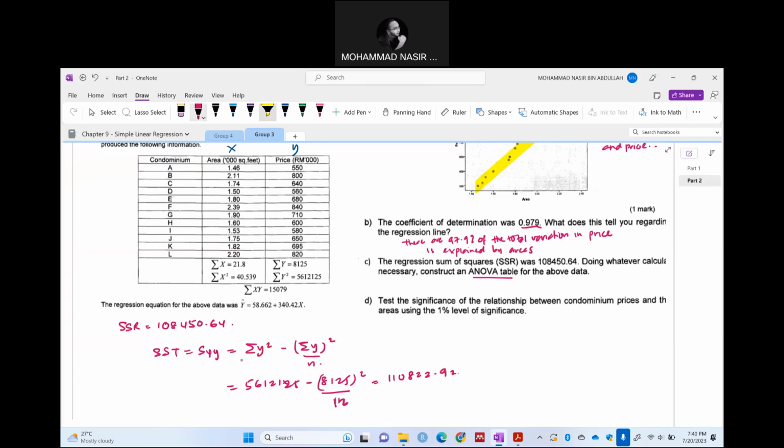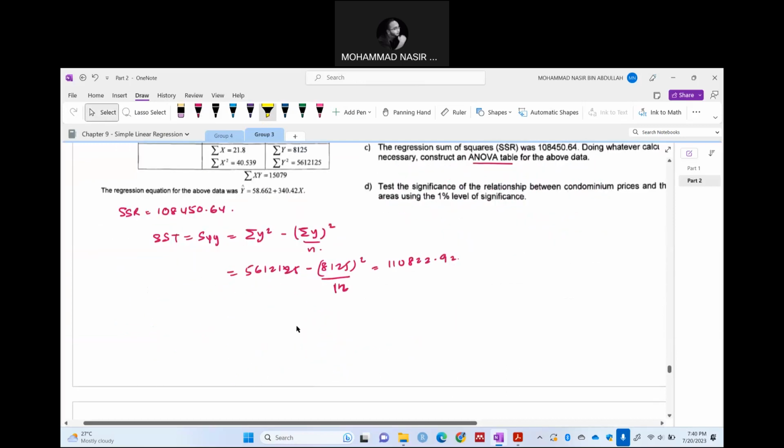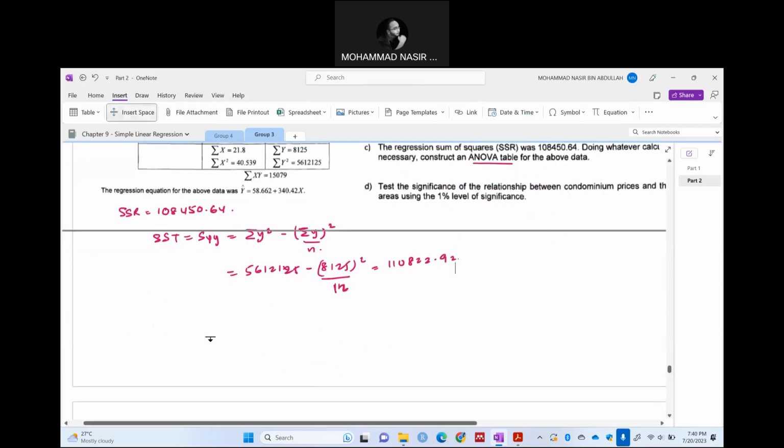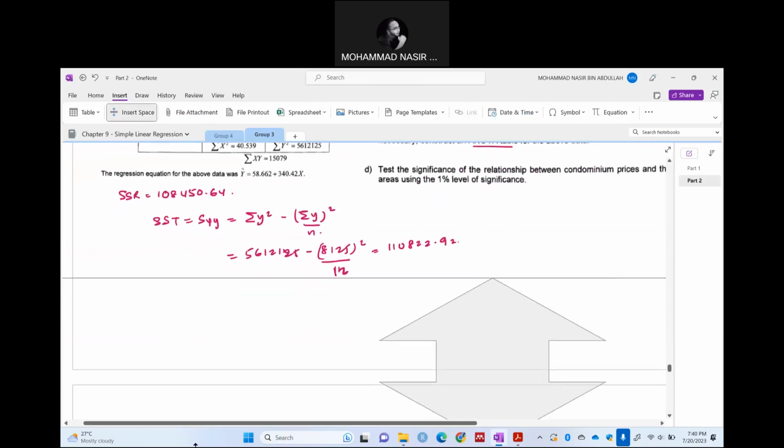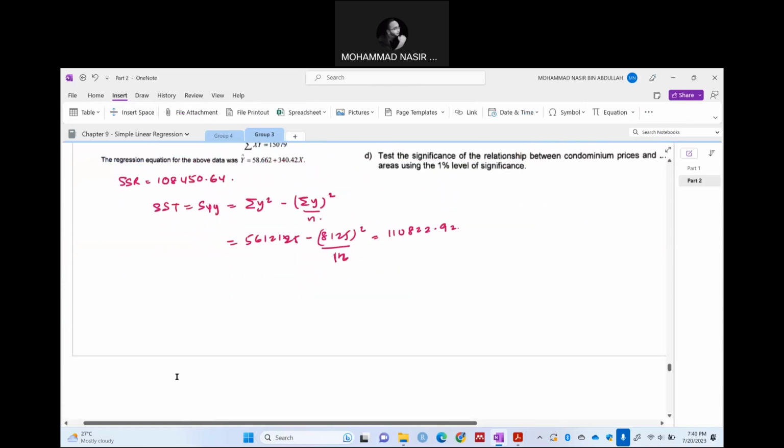Remember, the sum of square total should be bigger than SSR. It cannot be a negative value. So by this information, then we can construct our ANOVA table.